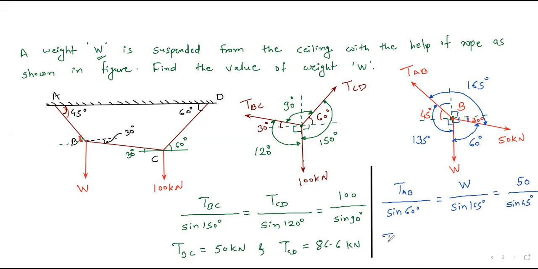So if you solve, you will get the value of TAB and W. Finally, you will get the value of W over here.